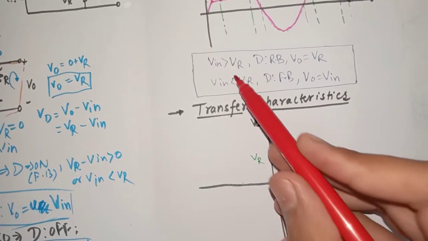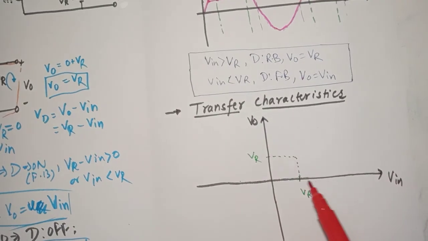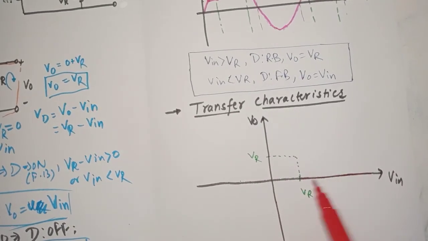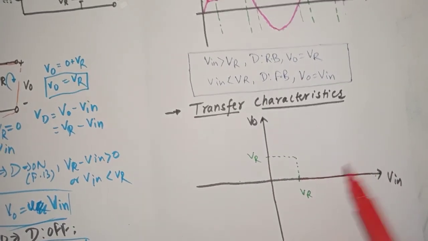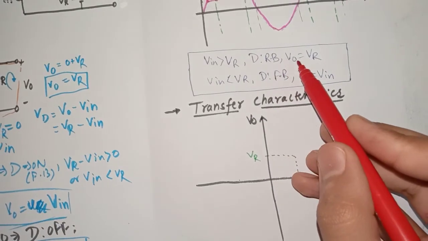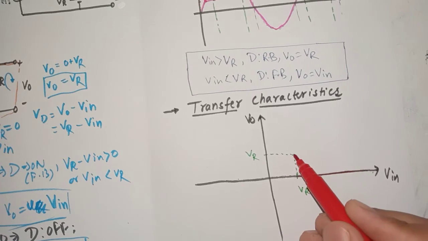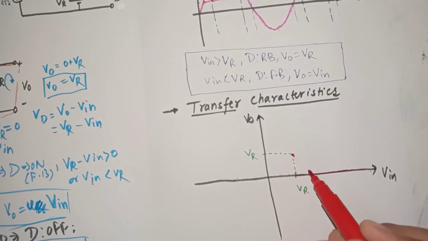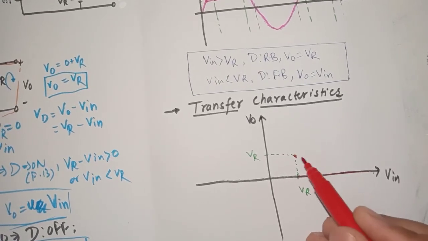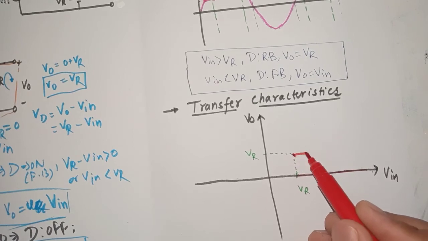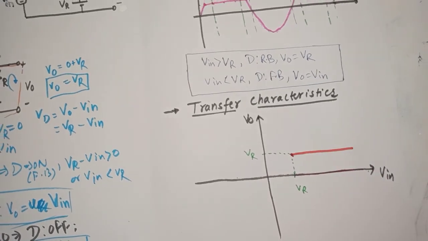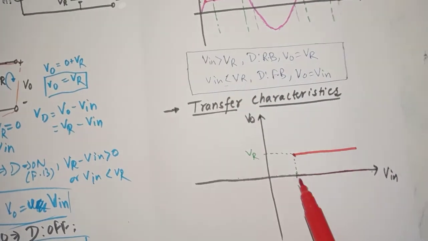So when Vin is greater than VR, that is this part, the diode is reverse biased and the output voltage equals the reference voltage. So this point is the reference voltage, right? So when it is greater than VR, then the output voltage is equal to VR.